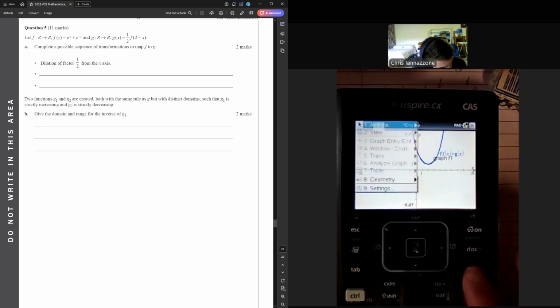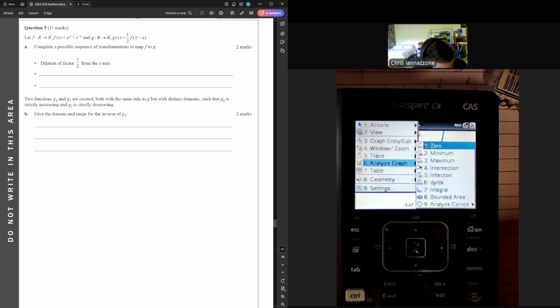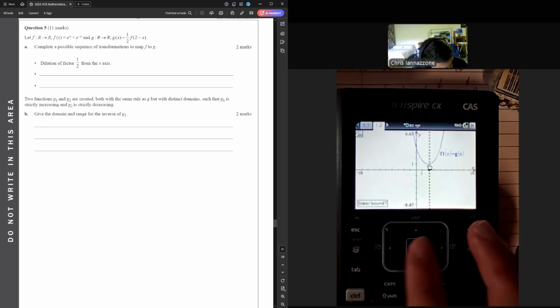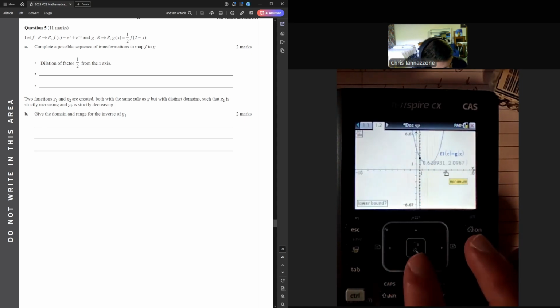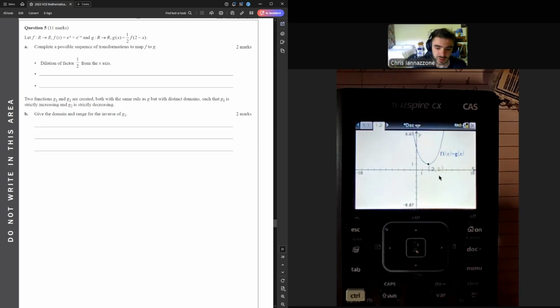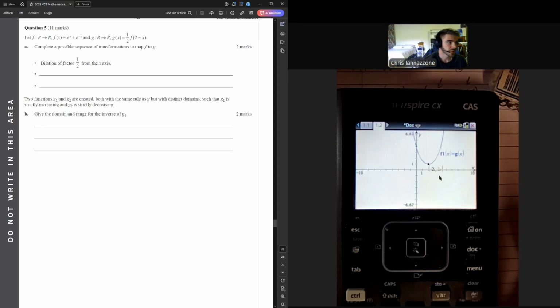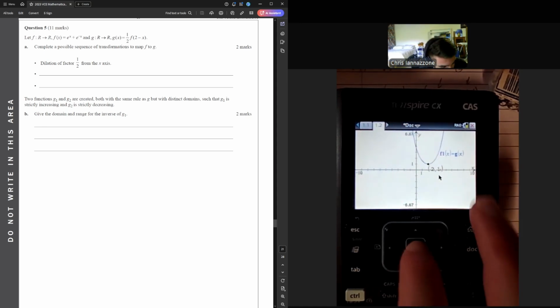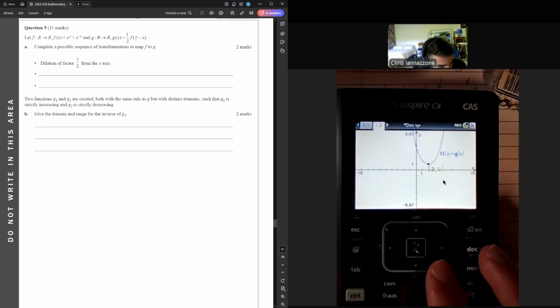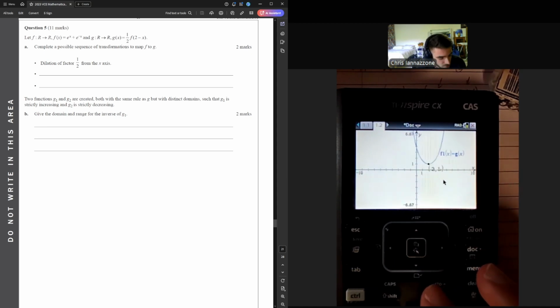You can do that a bunch of ways. You can use the analyze graph tools to find a minimum. The reason why we typically shy away from that is because it's very hard to figure out if you have an exact value or not, because it'll only really show integers as exact values. Now we did get lucky with this one. It was a perfect exact value there of x equals 2.